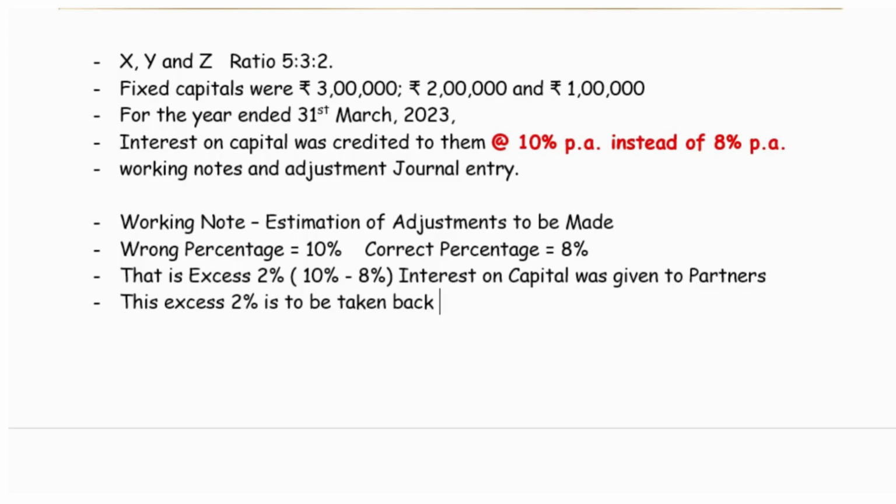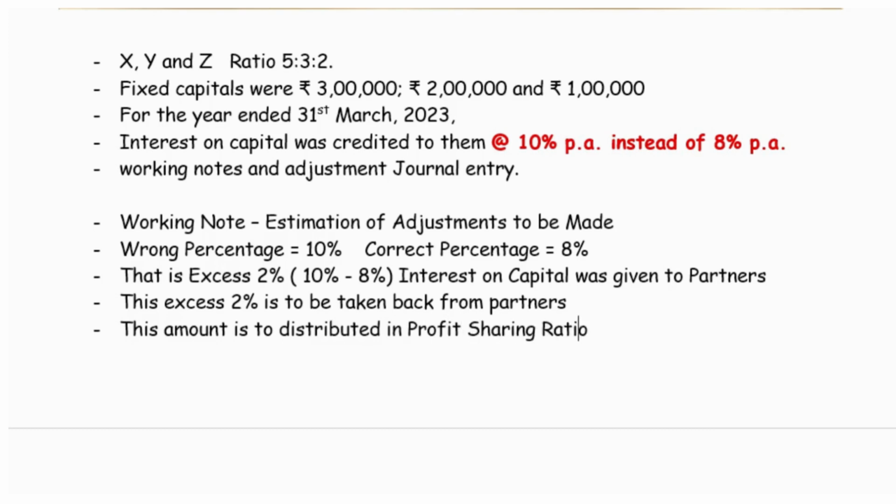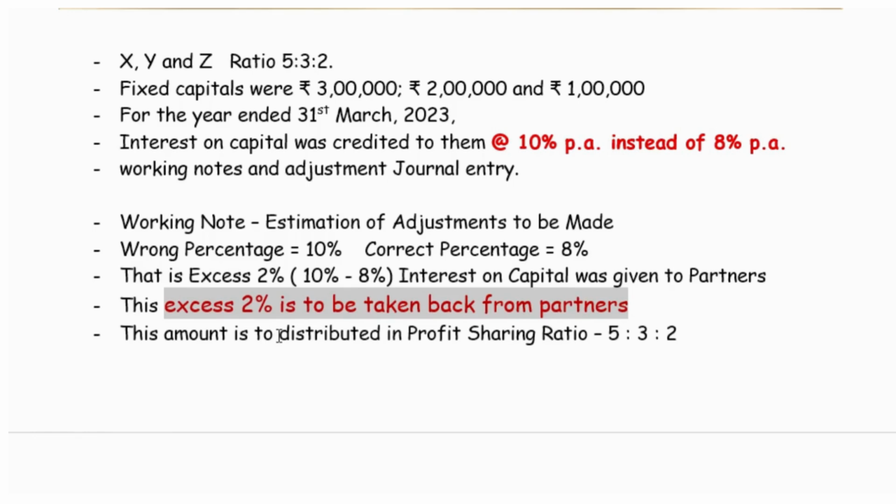Is to be received back from partners, and this amount is to be distributed in the profit sharing ratio, which is given in the question as 5:3:2. That is, the excess 2% is to be taken back from the partners, and it is to be distributed in profit sharing ratio. This is what we are going to do in this question.